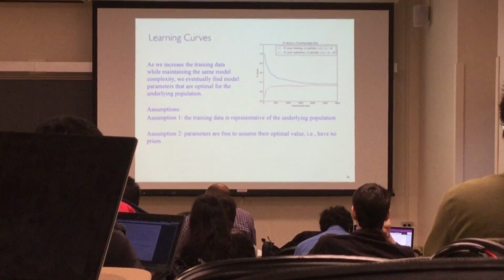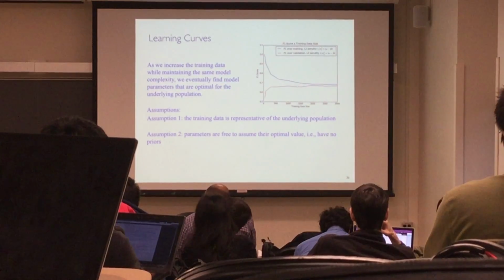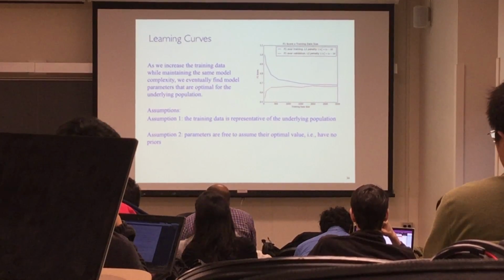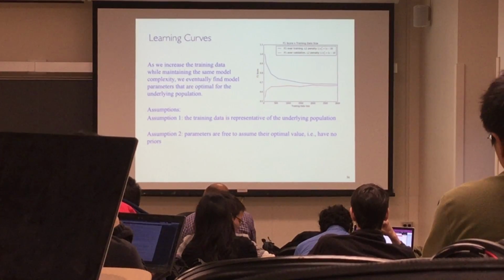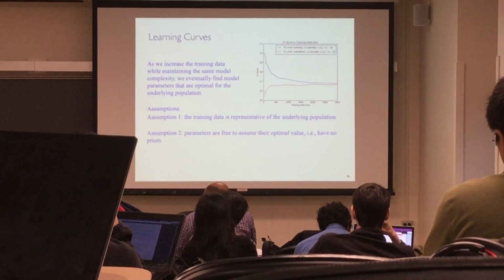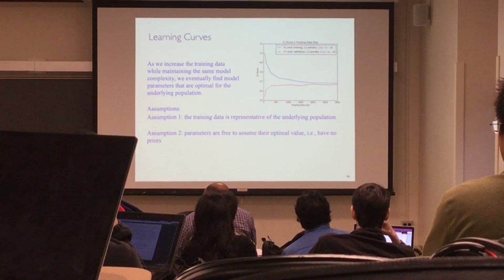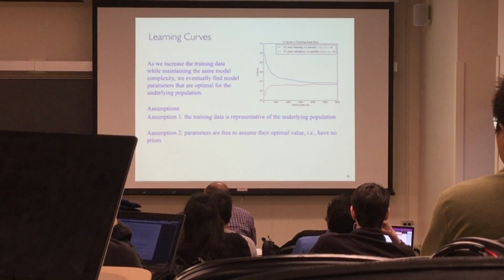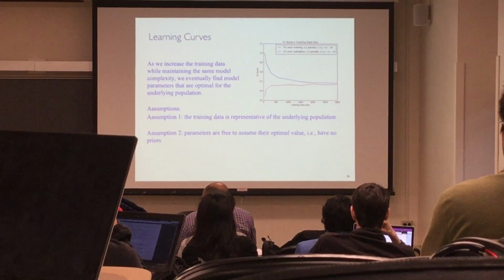But the thing about how much training data you need is that if you have enough training data, then you can tell whether this is relevant or not. If it's something like this, then you say, no, don't do this. But if it's something like this, then you are sure that this is a good thing to do.